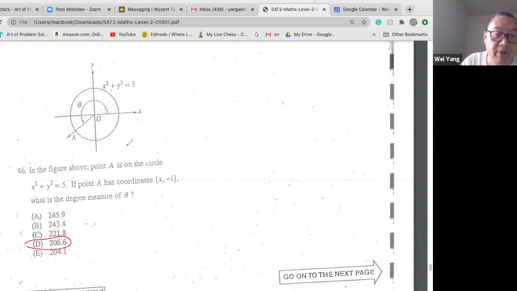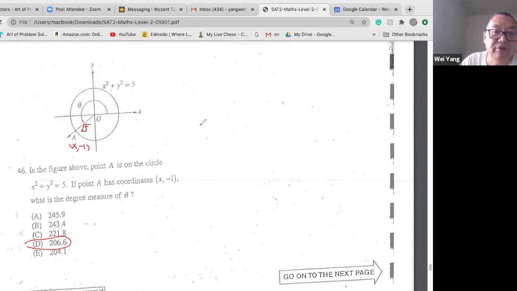In this figure above, point A is on the circle x squared plus y squared equals 5. So that means this radius equals root 5. If point A has coordinate x and -1, what is the degree measure of angle theta?